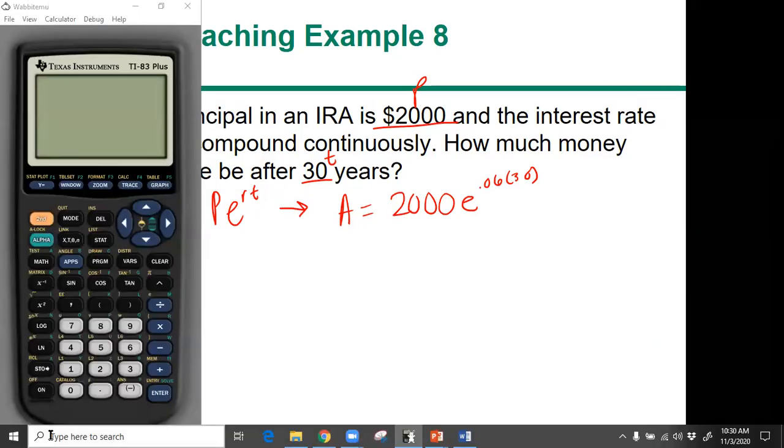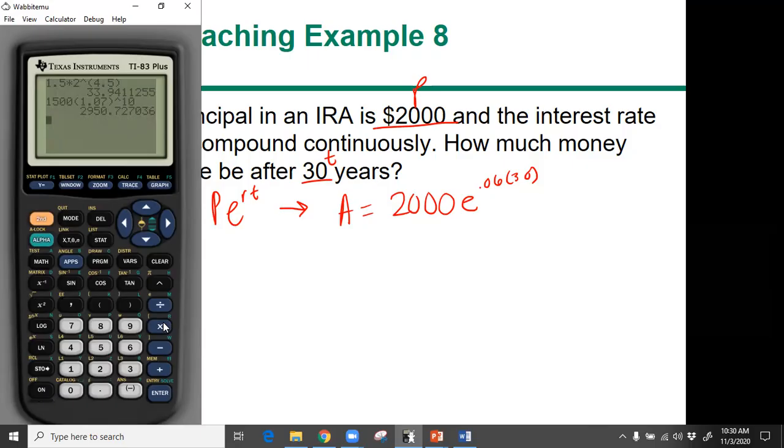Can you see my calculator on your screen? Yes, cool. All right, so just as I typed it, I'm going to put it in. We type in 2,000, and to get the e, it is second natural log, 0.06 times 30. Put it in the calculator, get your value.